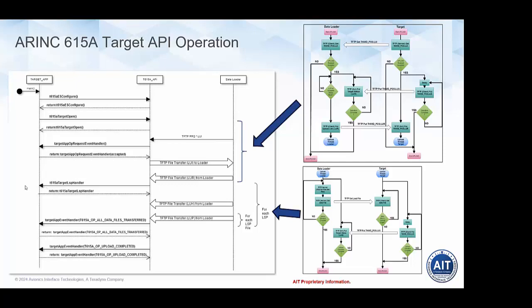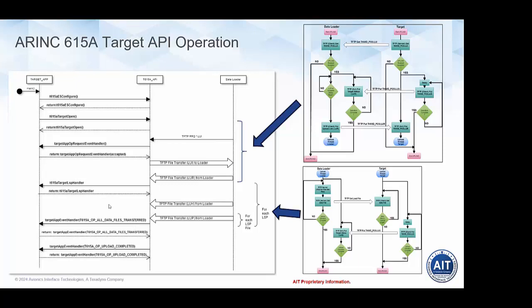In that LSP callback, the library is providing the application with the list of the loadable software parts that the data loader is requesting to upload to the target, and that allows your application to inspect those software parts and then, in its return values of that callback function, indicate to the target library if it accepts the upload of the presented software part that the data loader provided.